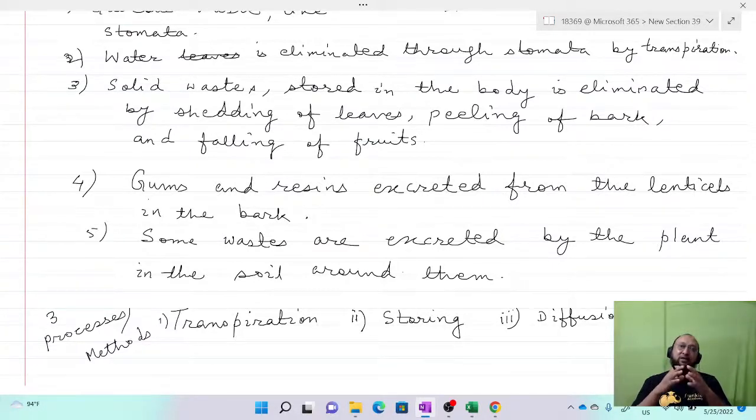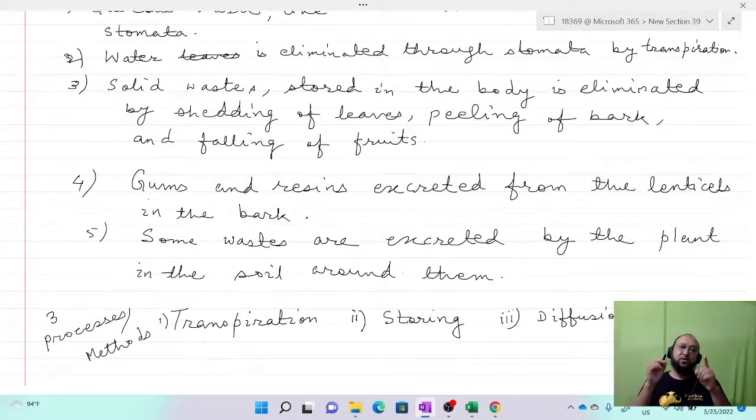Okay, the plant. So in animals, more complex and well specialized physiological systems are found, but in plants, they get rid of the different wastes they produce by different means: by diffusion, by transpiration, and storage.